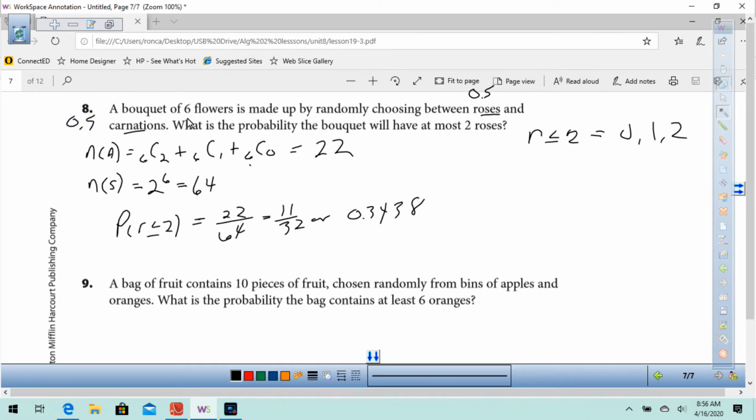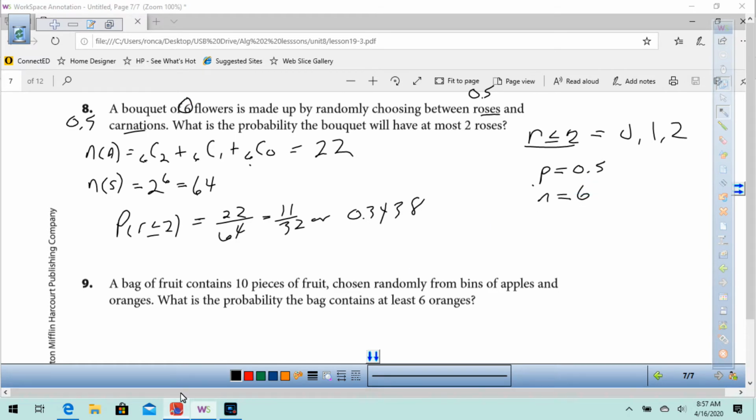And you want 0, 1, or 2, so R is less than or equal to 2. The probability of success, which we'll call P, is 0.5. N, the number of trials, is 6.